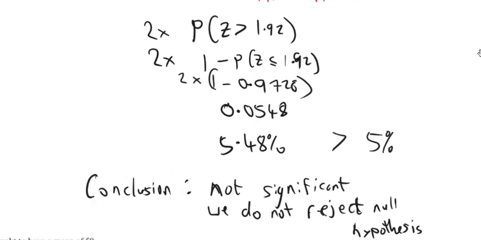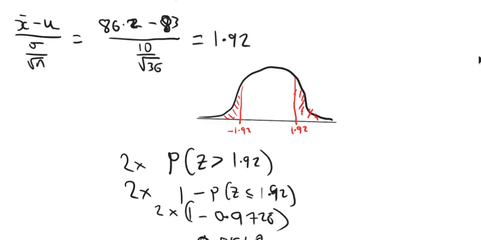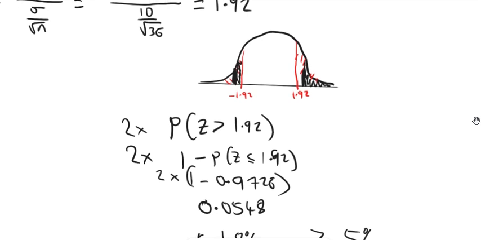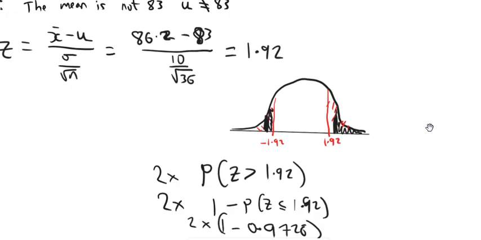If you think about that on the diagram, 1.92 sits within the area for our 95% confidence interval. It's not outside it. If it was outside the confidence interval, in the black, that would mean it would be significant. But it's not, so it's within. Our mean here is within the confidence interval, close enough to the middle, which is where the mean would be.